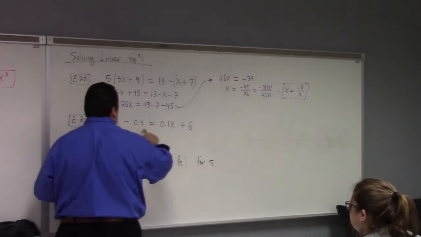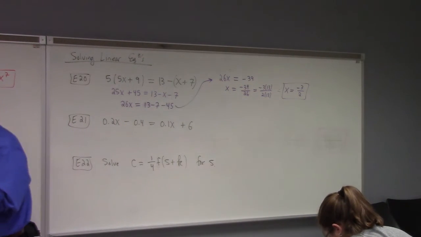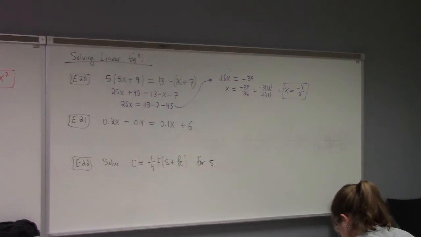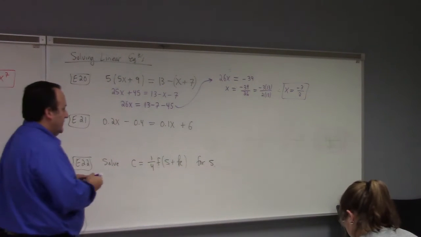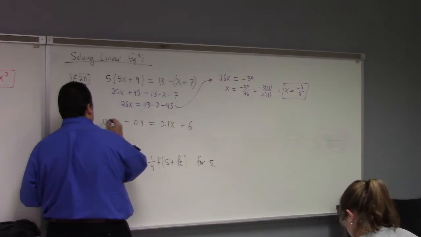How would you treat this equation here? What would you do? I'll tell you what I do. When I see decimals in a problem like this, I multiply by a power of 10 to turn everything into whole numbers. So this one, I just multiply by 10.